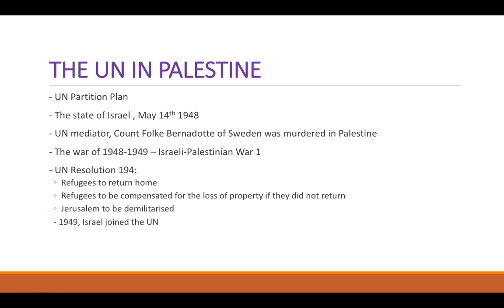The United Nations realized that if the proportion of the Jewish and Arabic population in Palestine was almost equal, then they would need two countries. So it was better to split Palestine in two: the country of Palestine, where the Arabs would live, and the country of Israel, where the Jewish would live.